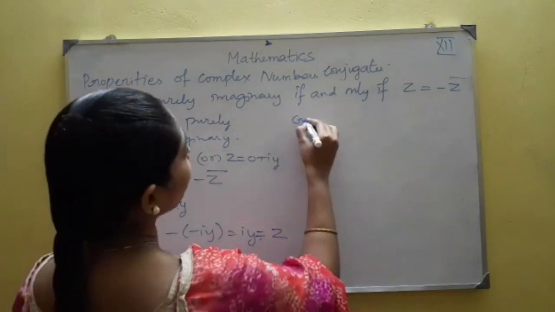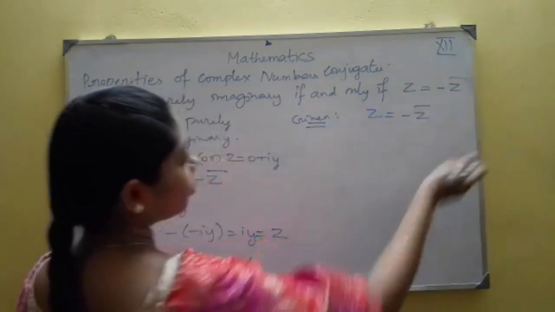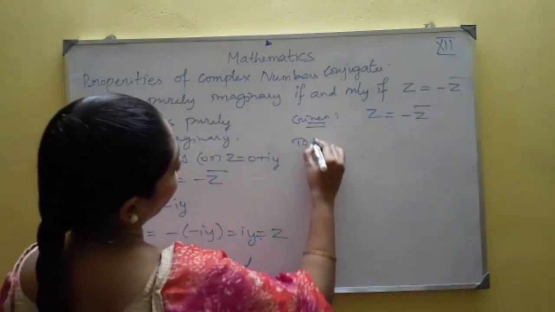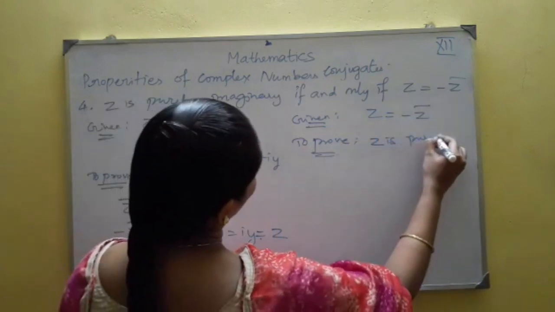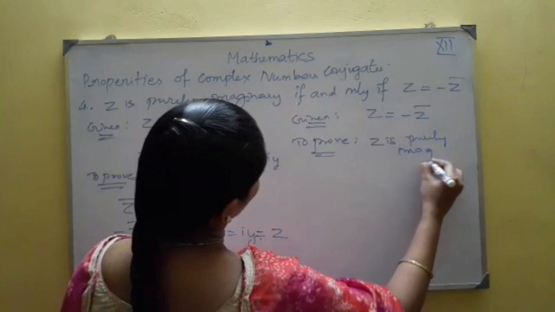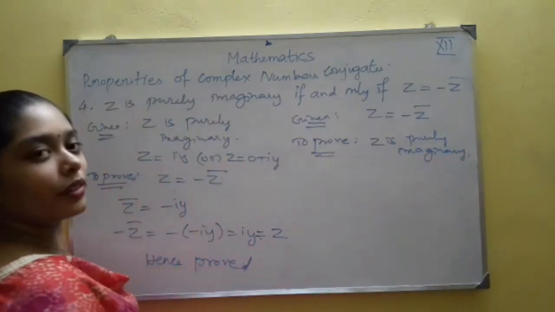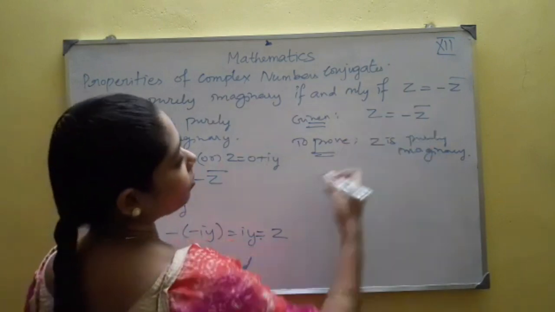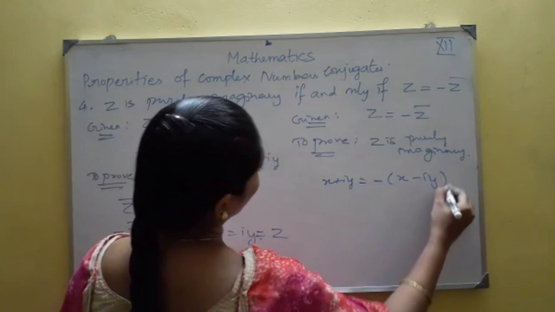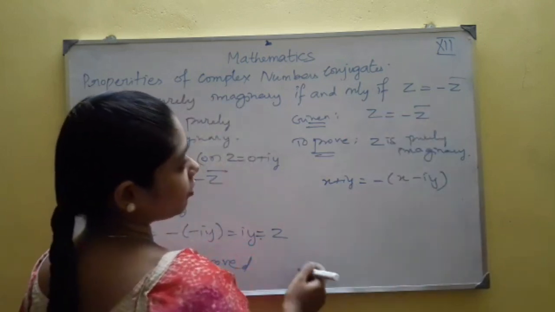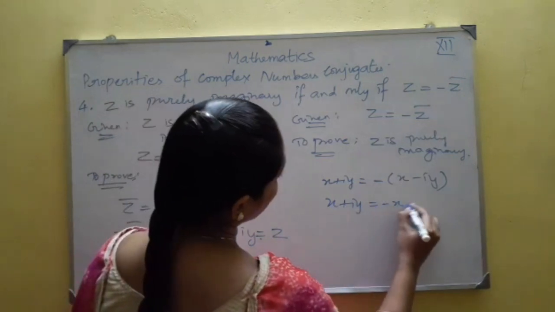Now case 2. Take this as your given: z equal to minus z bar. You want to prove z is purely imaginary. So purely imaginary means z is supposed to equal iy, right? So z equal to minus z bar means x plus iy equal to minus of x minus iy. Okay, minus z bar is minus of x minus iy, conjugate of z.